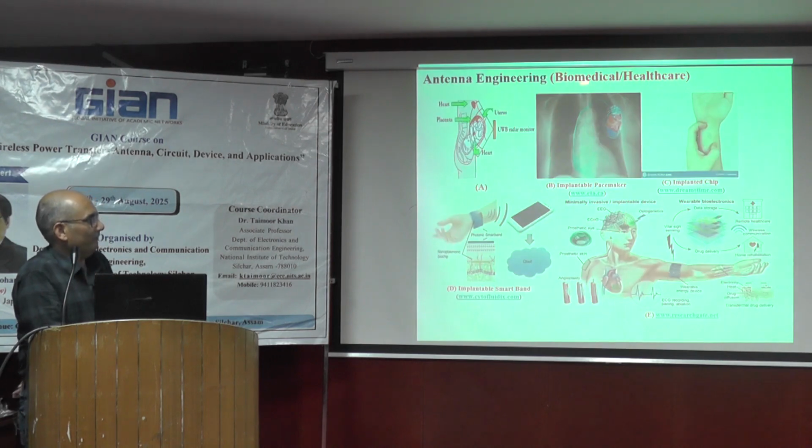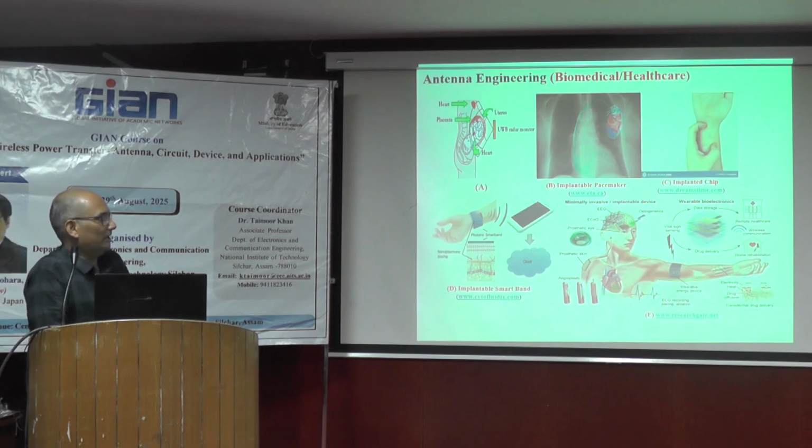Then, in the last lectures we discussed some correlations between biomedical and healthcare scenarios: implantable pacemakers, implantable chips, wristbands and other cases. All of these have at least an antenna. You may not take the rest of the things seriously at this moment, but all these applications have at least an antenna.